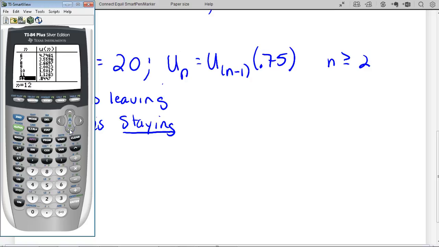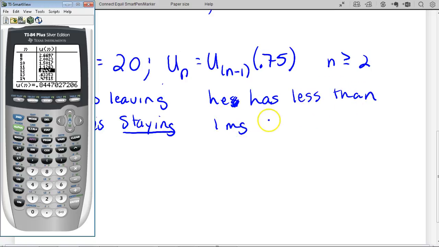I had to put the explicit function in, even though the question asked me for a recursive function, but I can go down and see really easily on which day he has less than 1, and that is the 12th day. So he has less than 1 milligram by the 12th day.